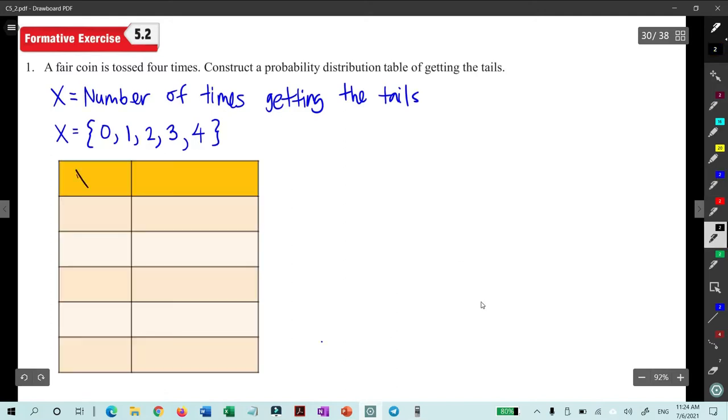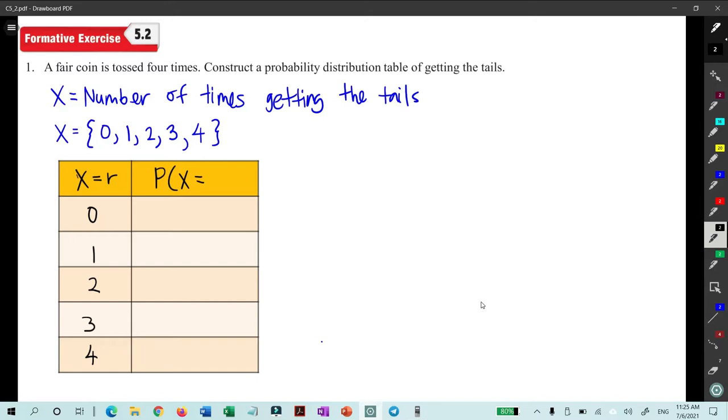Here I'm going to write the values of x: 0, 1, 2, 3 and 4. And then in the second column we're going to calculate the probability for each of these values of x.